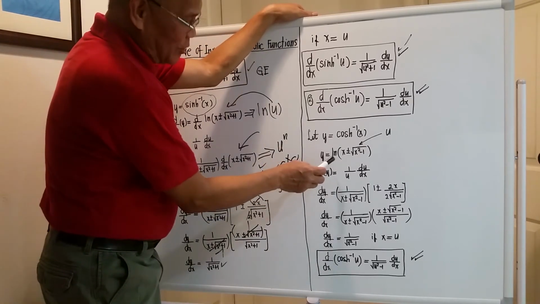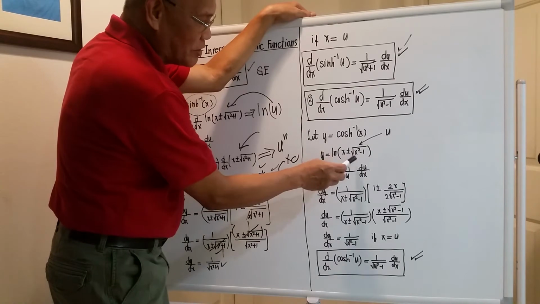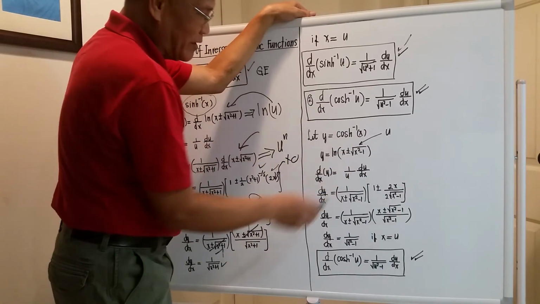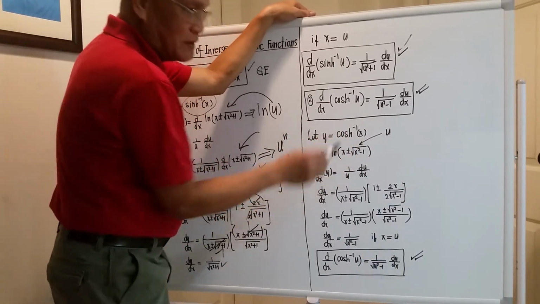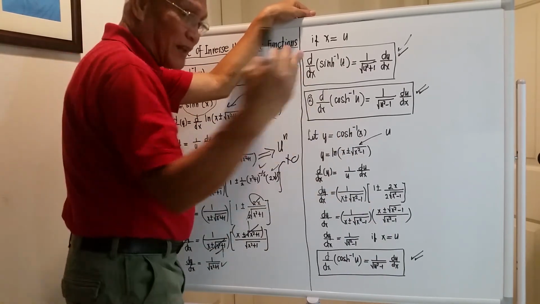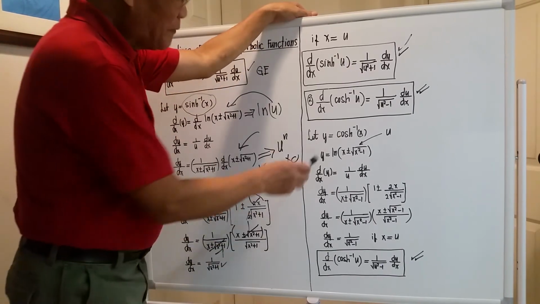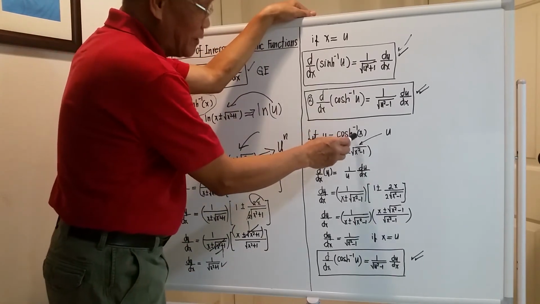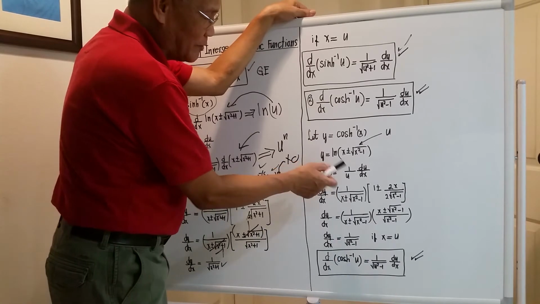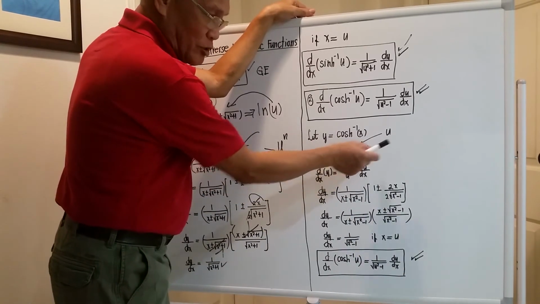y is equal to the natural logarithm of the quantity x plus or minus the square root of x squared minus 1. Where did I get this? It was the subject matter the last time around. The equivalent of inverse hyperbolic cosine is the natural logarithm of the quantity x plus or minus the square root of x squared minus 1.